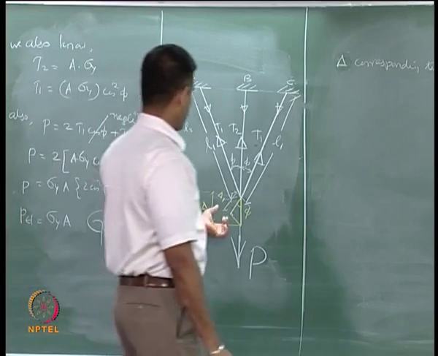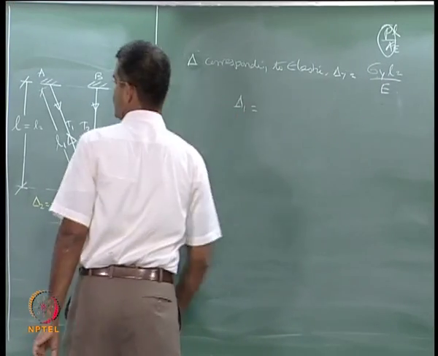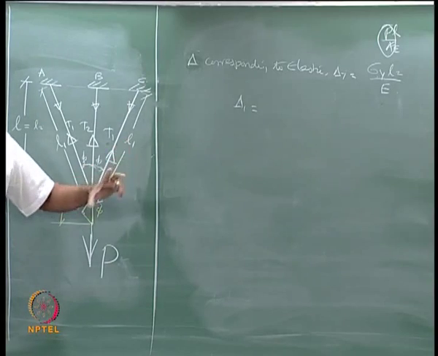If you want to really know the delta 1 part of it, we have an equation connecting delta 1 and delta 2. What is that equation?